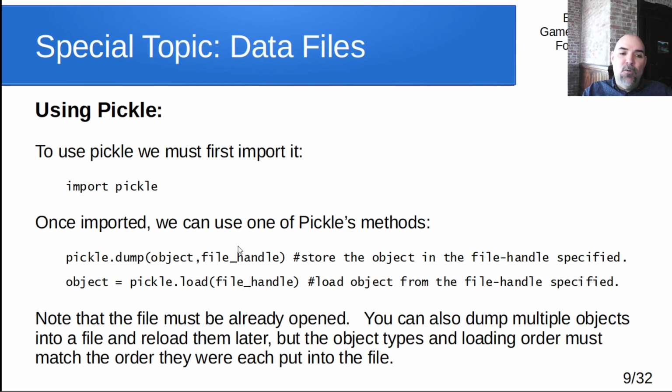So you could dump object 1, and then object 2, and object 3, and object 4. So that could be like the player list, the bullet list, the treasury list, the high score stuff. You could dump a whole bunch of things in and then reload them all. But remember, the order matters. So the order we dump them in needs to be the same as the order we load them back into the program from.